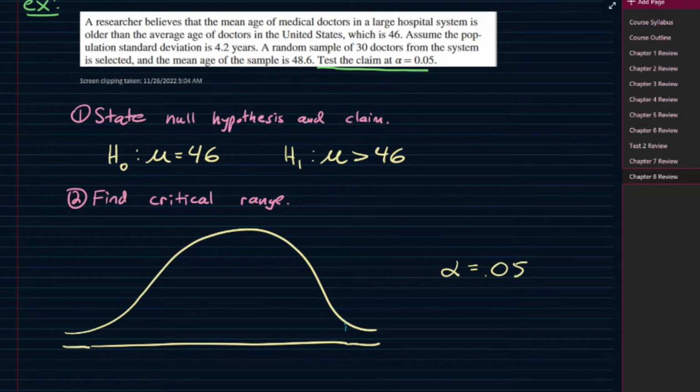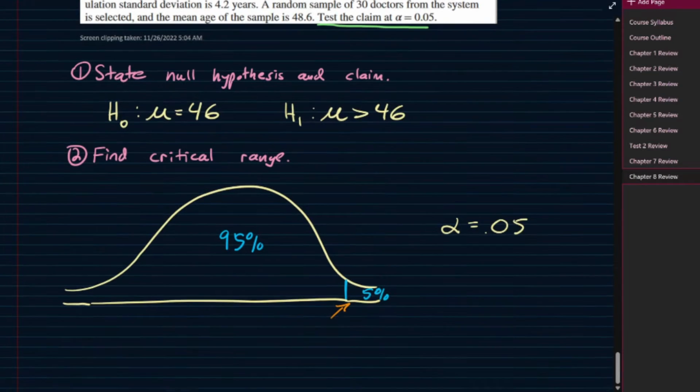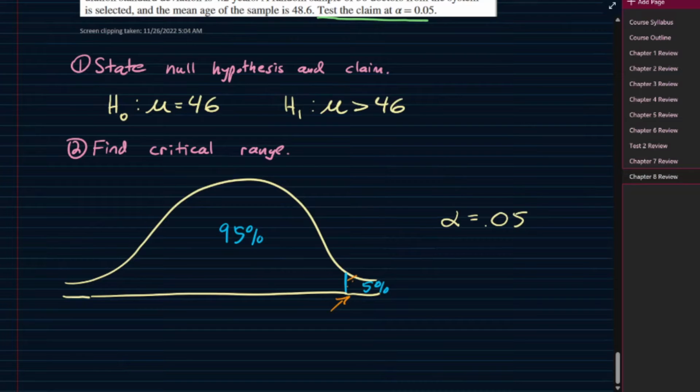So we want this to be 5%. And that means this to be the remaining 95%. And this value here is going to represent the cutoff of our critical range. Anything in this area, essentially, this is our critical range. And this endpoint right here is going to be the critical value.